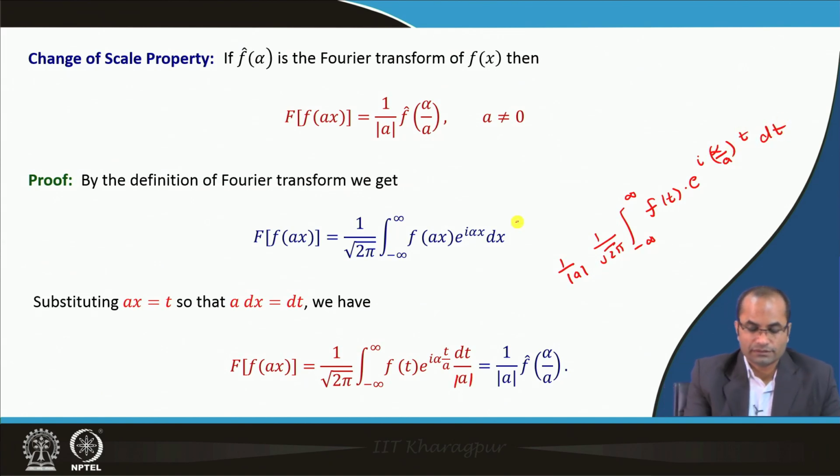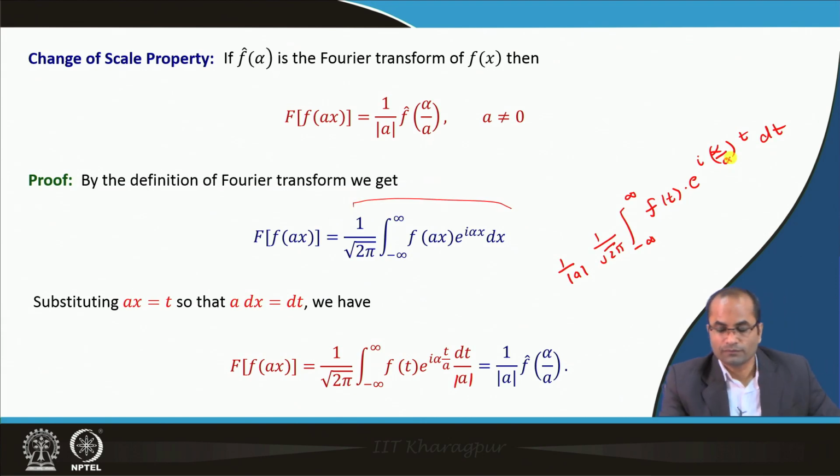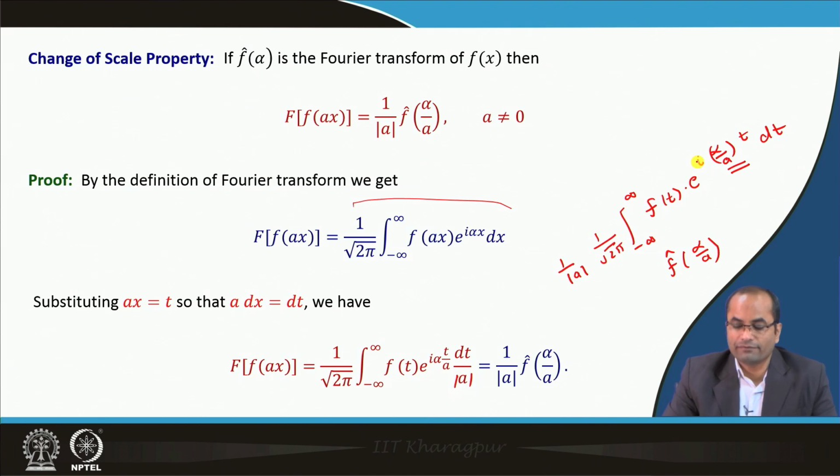As per the definition of the Fourier transform, the only change here is that this is exactly f hat, but instead of alpha we have alpha over a. If this were only alpha, then it would be just f hat of alpha, but now we have alpha over a. So, this is nothing but f hat of alpha over a.